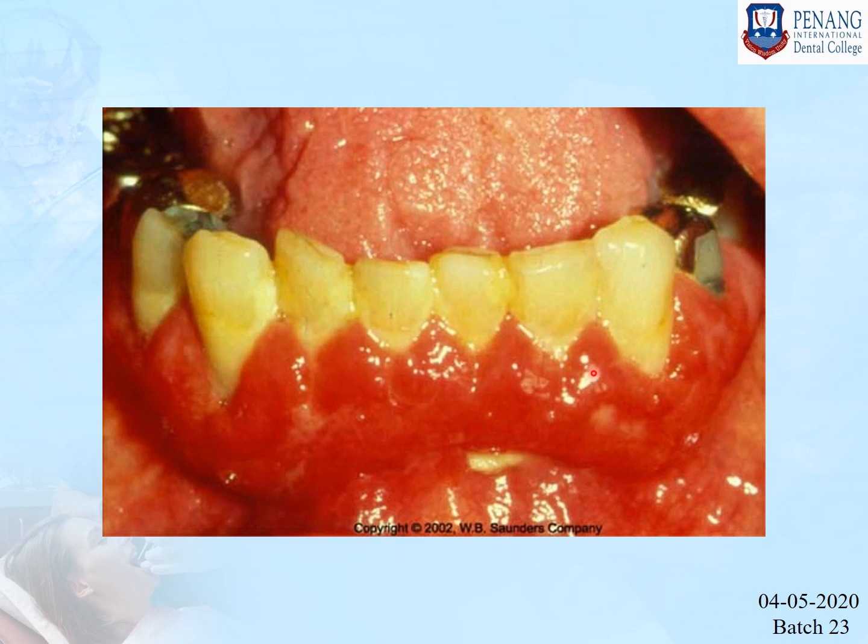See how inflammation is seen, and you can see that local factors are also present which are aggravating the inflammation, and the inflammation is getting more aggravated and there is enlargement. You can see how red it is, and it will be soft and friable in nature, and it will bleed on slight provocation.